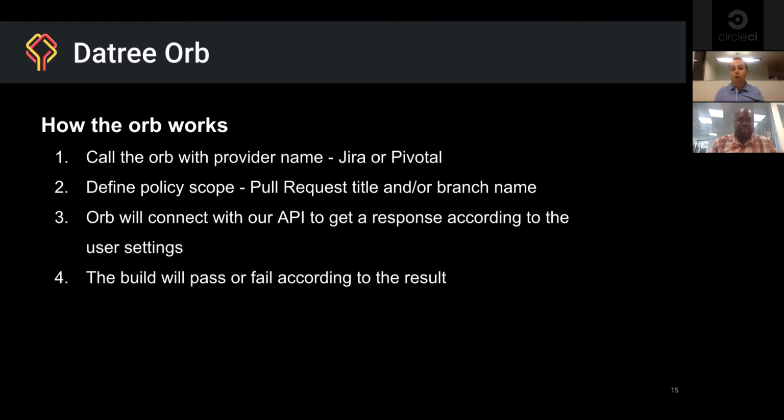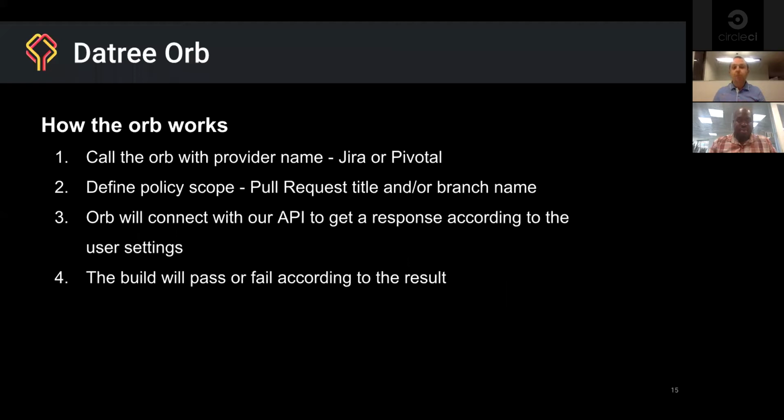Our orb supports Jira and Pivotal issue trackers. The second thing that you have to define is the scope that you want to be checked. It can be via the pull request title and/or the branch name.